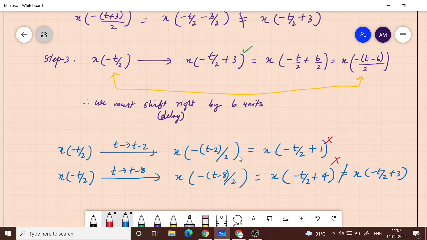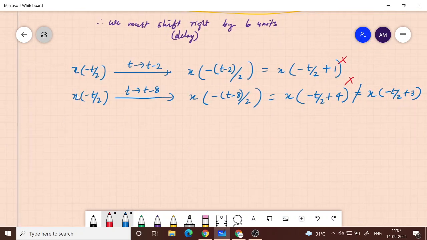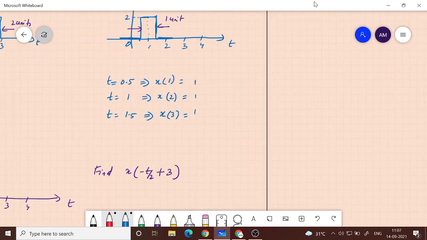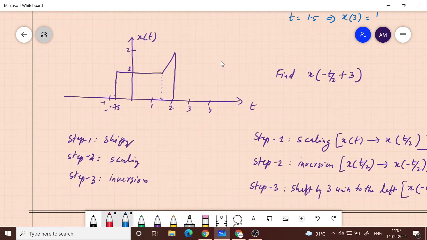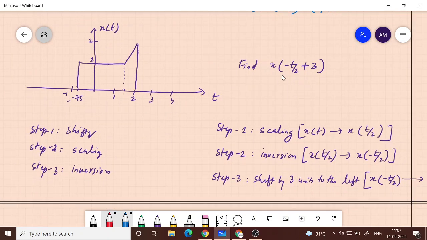But all this problem can be avoided. You don't need to figure out how much you need to shift at the end. All you need to do is the shifting first. So x of t goes to x of t plus 3.